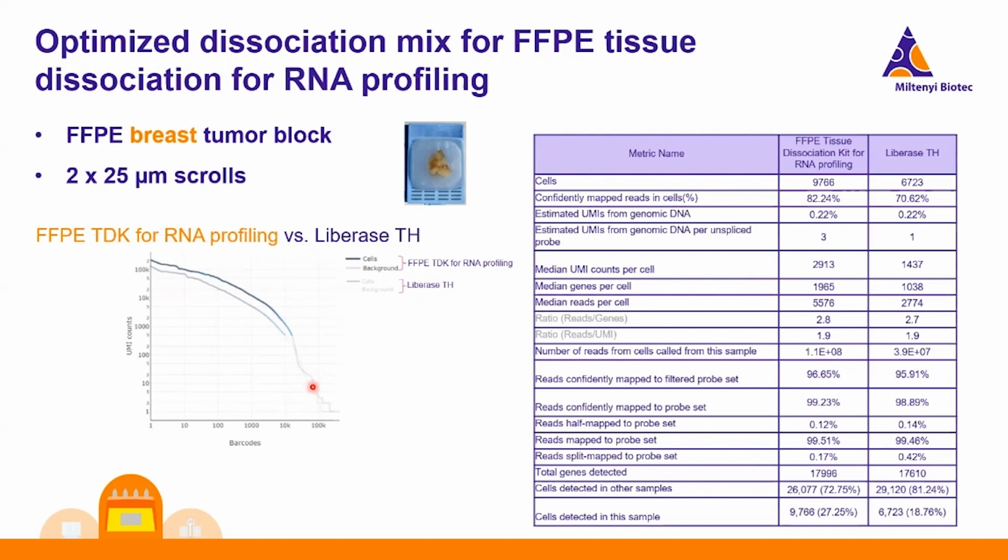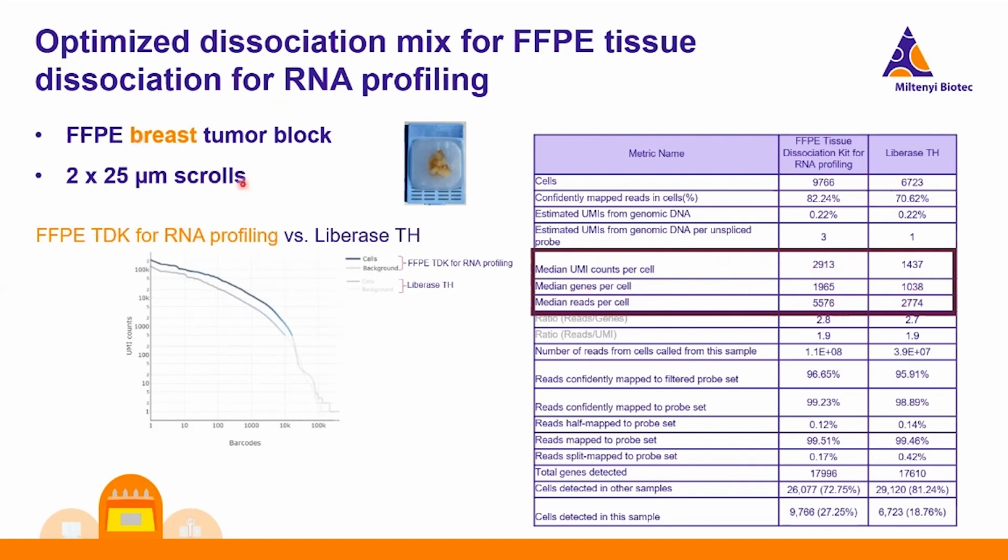Looking at the QC parameters, I've just listed all of them, but want to highlight three: median UMI counts per cell, median genes per cell, and median reads per cell. And in all cases, you see that we are obtaining twice the amount you would obtain using the Liberase TH-based dissociation.